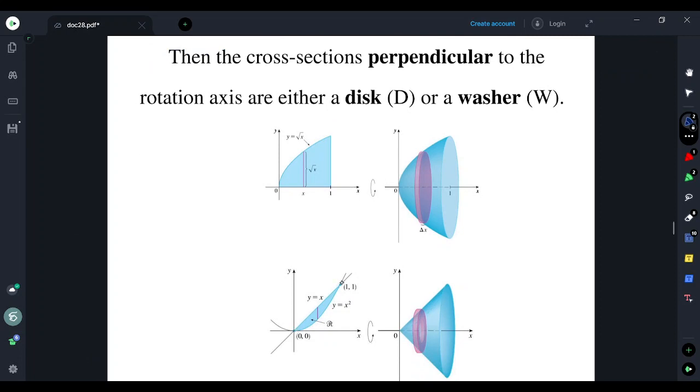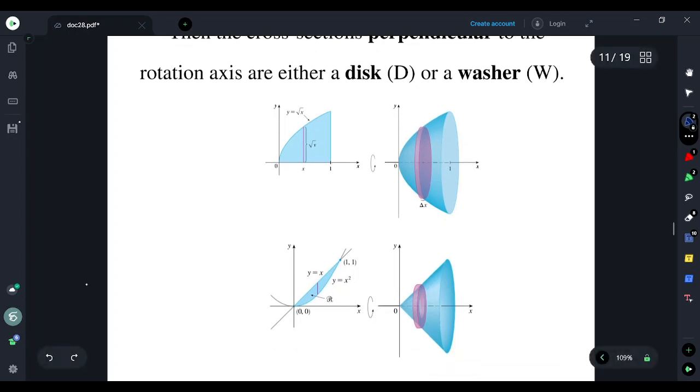But take a look at another region. In this region, it is bounded by a straight line and a parabola, and it is also given by a blue region. And we do the same thing. We are going to rotate about the x-axis, and the figure for the solid is on the right hand side.